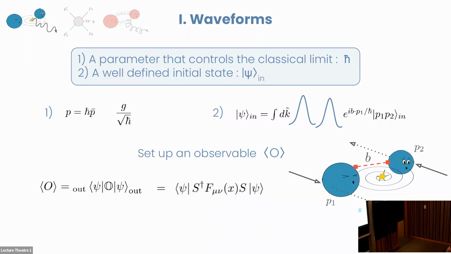So the initial state gets some Fourier integral, and then each particle is described by these wave packets that are peaked. So any uncertainty in the momentum or the position is negligible for the classical expressions that we're looking at.